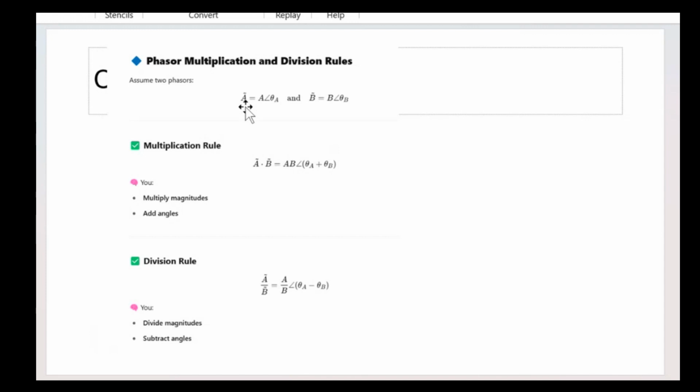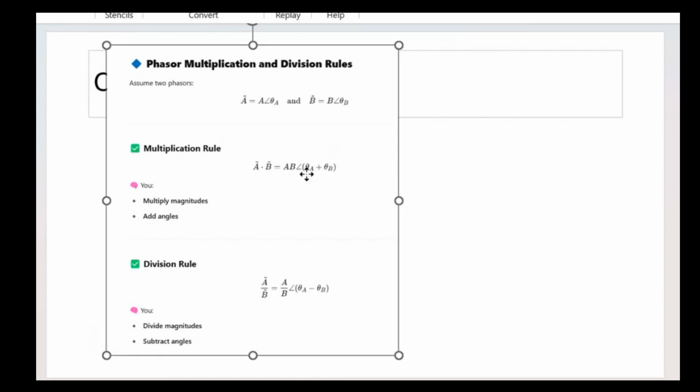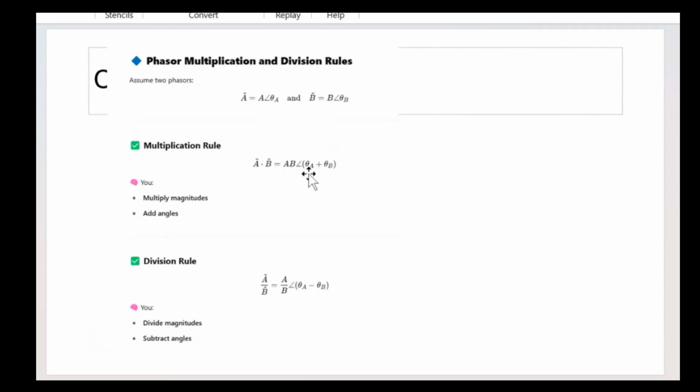Let us say that our first phasor A tilde has the magnitude of A and the angle of theta A, and the second phasor has a magnitude of B and angle of theta B. Then if you want to multiply these two phasors, the magnitude is the multiplication of A and B, and the angle is just the summation of the angles, theta A plus theta B. And for the division, you just divide the magnitudes and subtract the angles, theta A minus theta B.